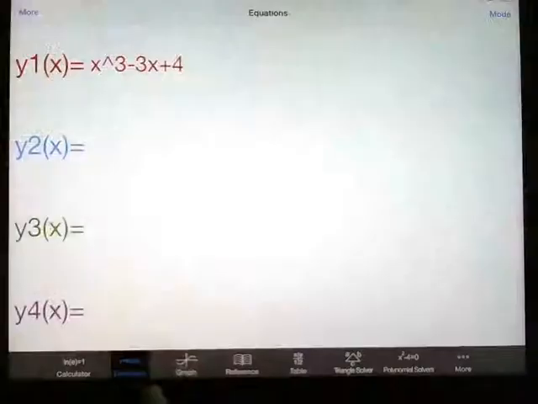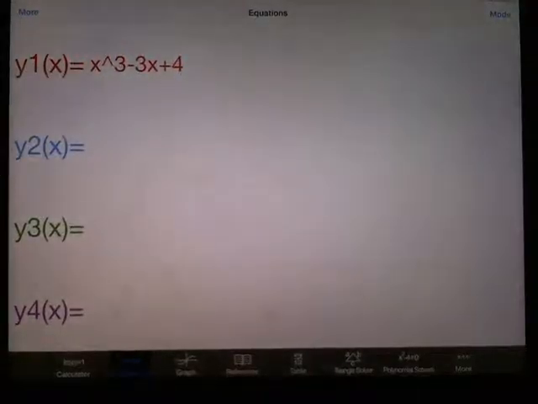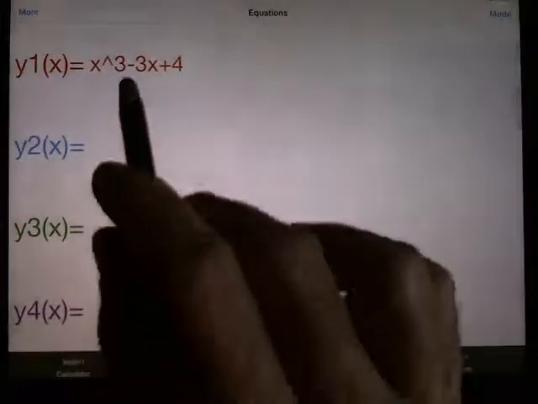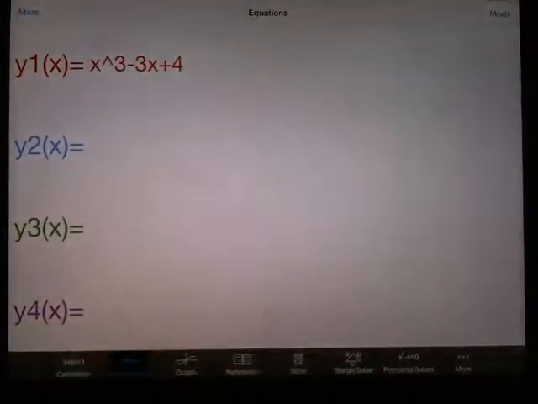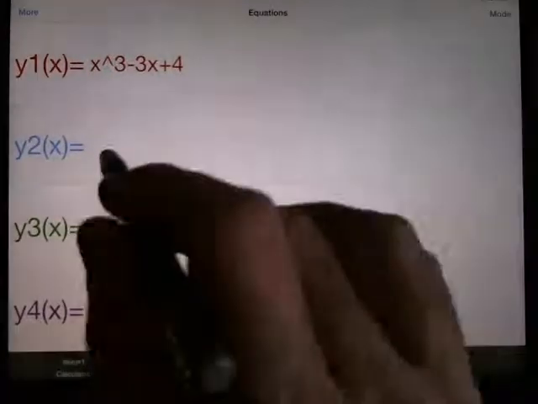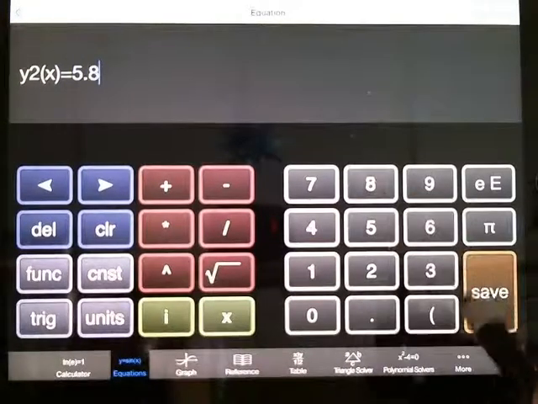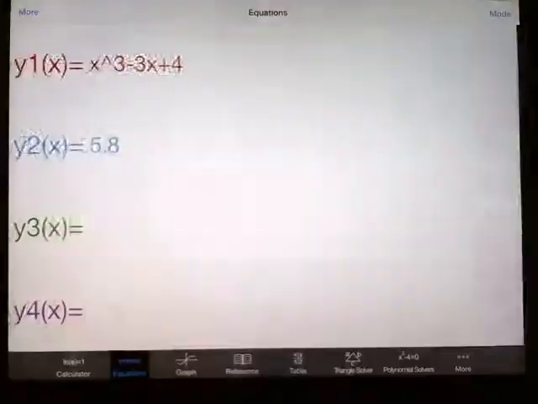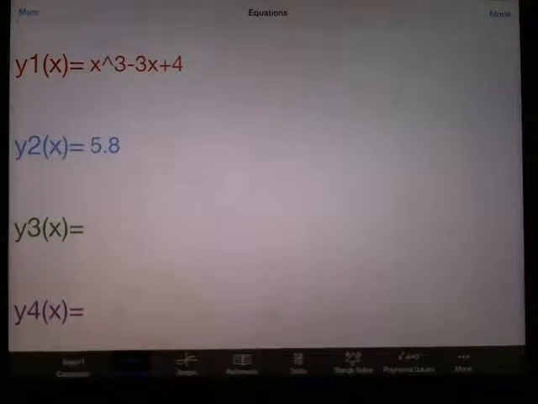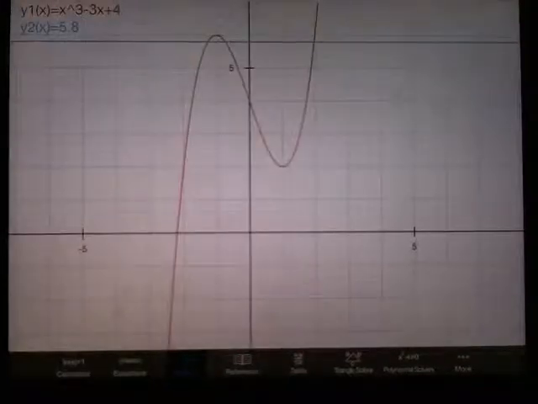I think I've got this function already in. I'm going to look at its graph. Actually, I want to put in 5.8 here as well. So I've moved down 0.2 from 6, and then I can look at the graph of both those things.